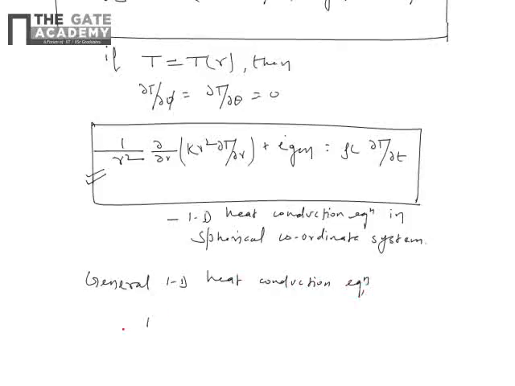This can be written as 1 by r to the power n del upon del r k r to the power n del T upon del r plus E dot gen is equal to rho c del T upon del t.